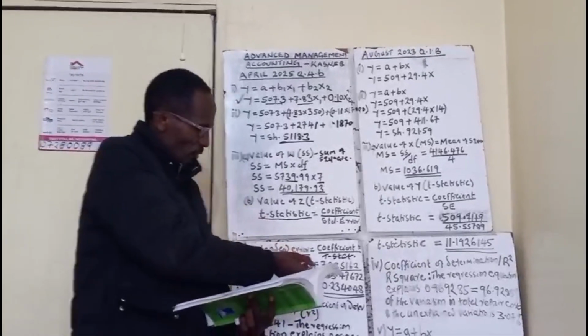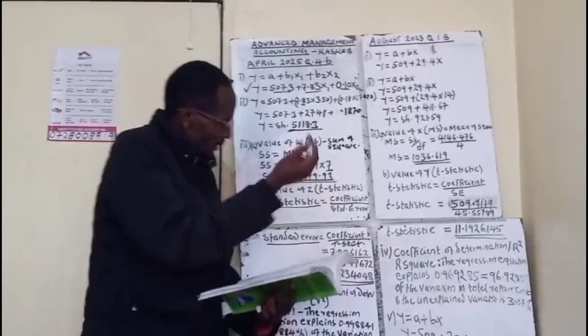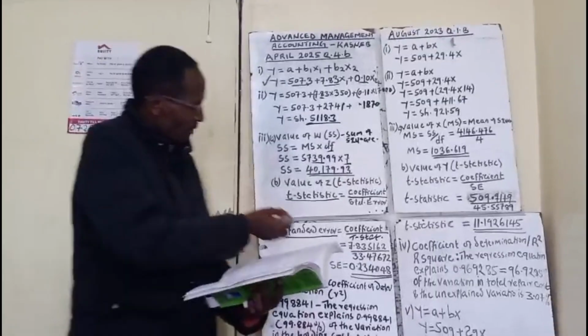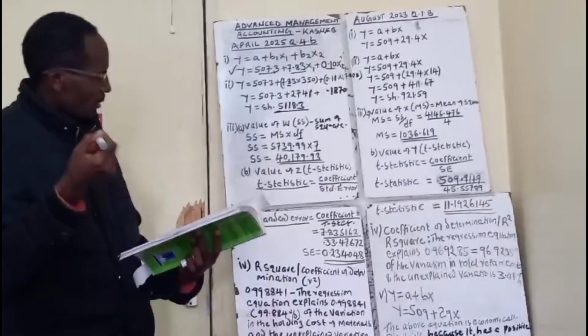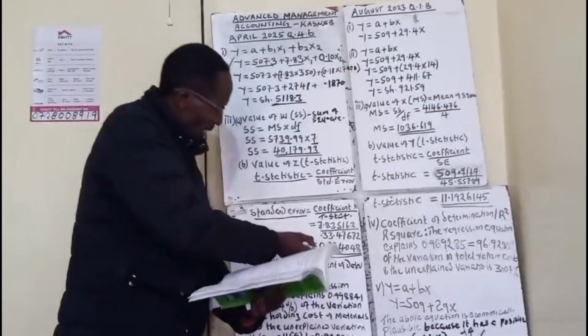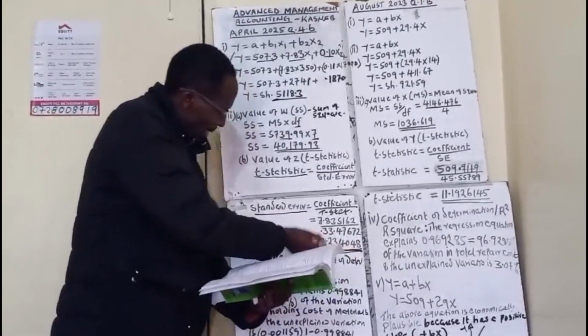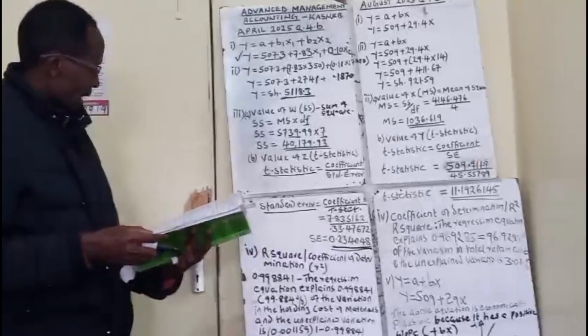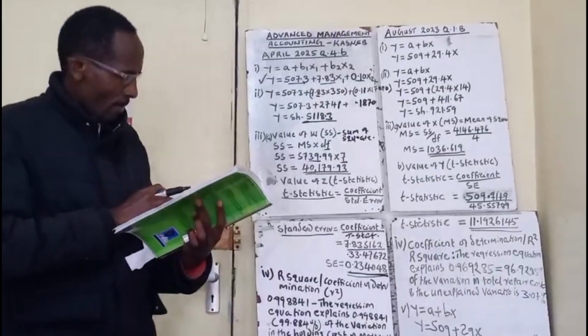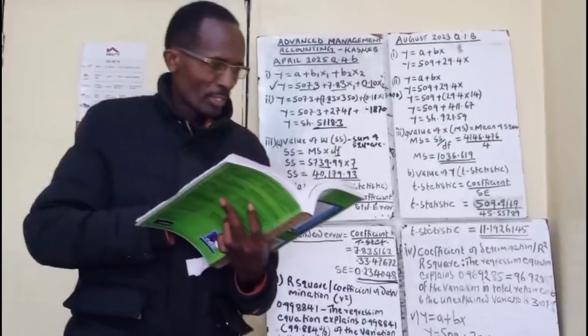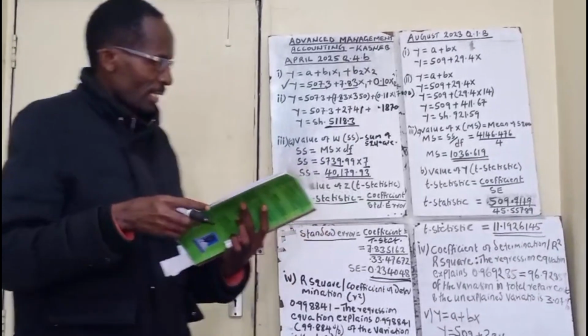The coefficient from the question is 7.835162 divided by T statistic, that 3.47672. When you divide, you get the standard error as your answer. So that was question number 3. Compute the values of missing letters, that is W and Z.